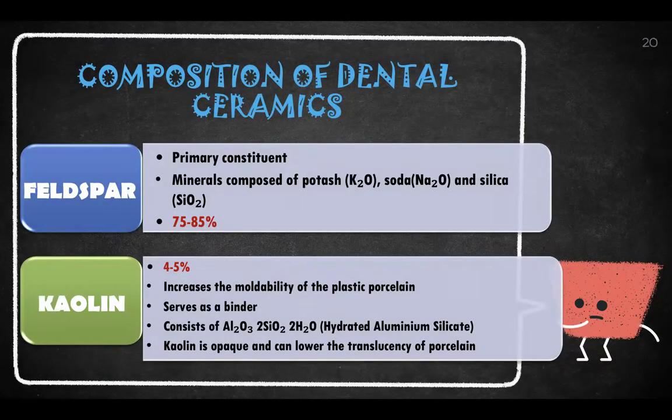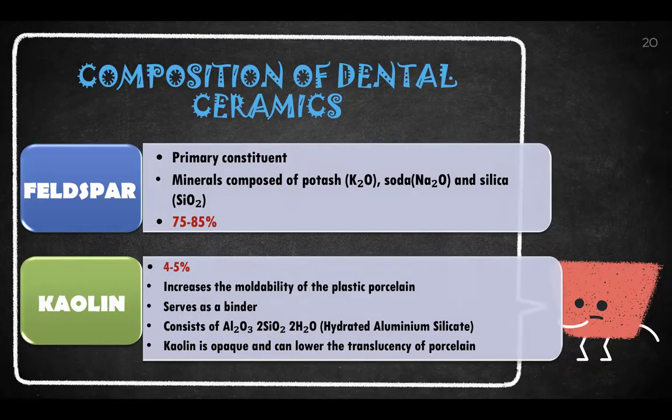Basically, ceramics are made up of feldspar and kaolin. Feldspar is the main constituent, and it contains potash, soda, and silica. That constitutes almost 85%. Then kaolin, but kaolin is not there in the newer ceramics.